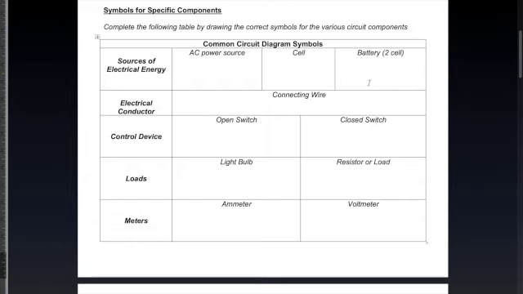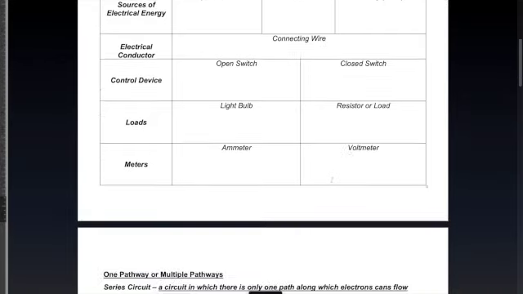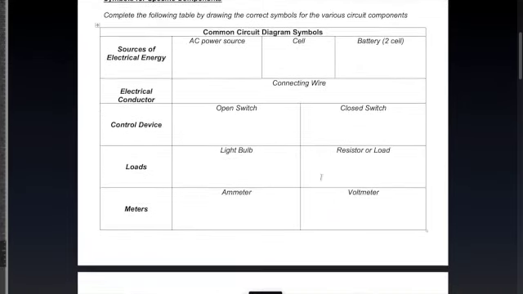If you've been filling these notes in as you go, I'll show you where it's in the textbook, and then you can fill in the symbols as we go through, and I can also probably create my own. So the sources of electrical energy, we have a couple of classes. We have the conductors, which is just wires. We have control devices, loads, and then these meters are going to be the important symbols that we're going to get.